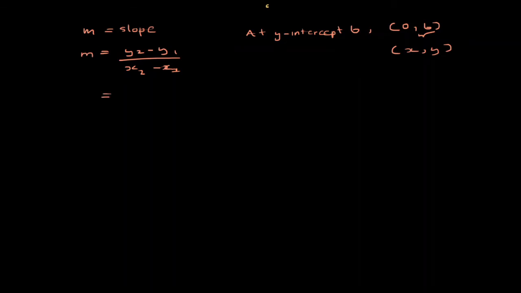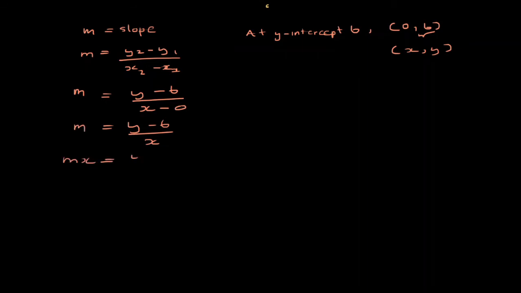Let's plug these into the equation. We have y2 being y, minus b, over x minus 0, is m. Now let's solve for y.